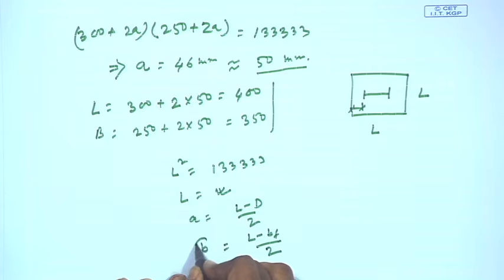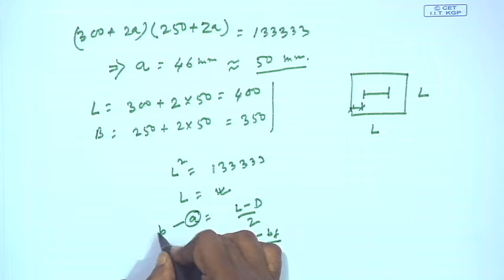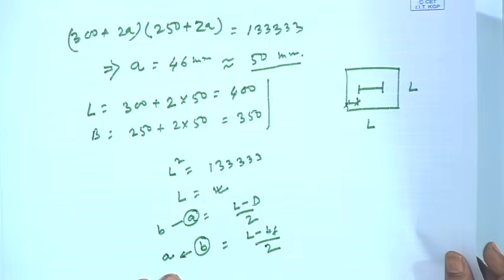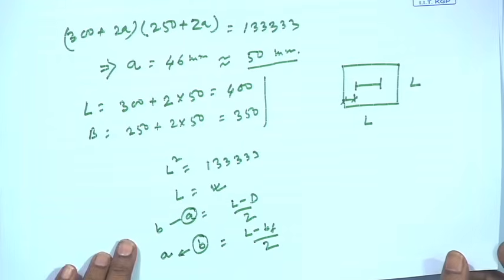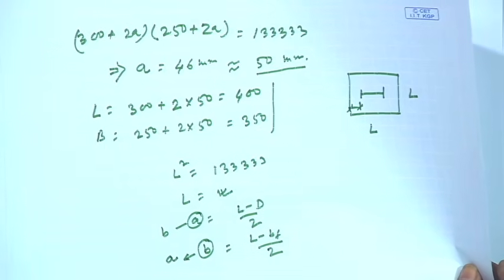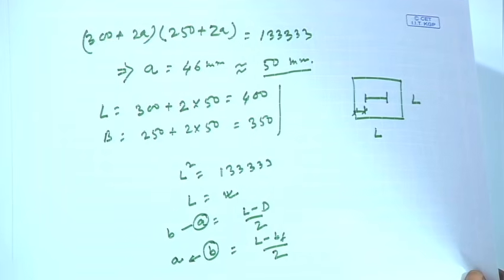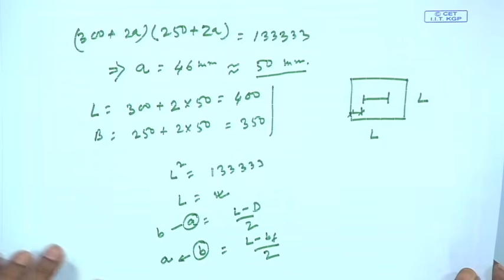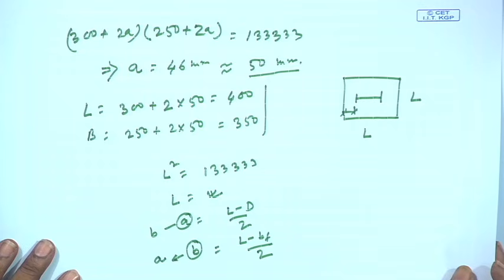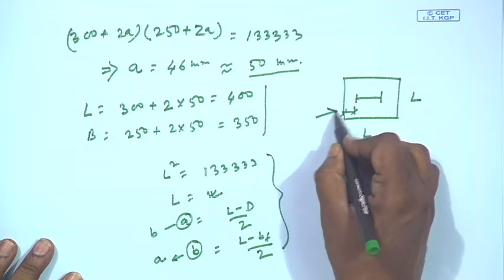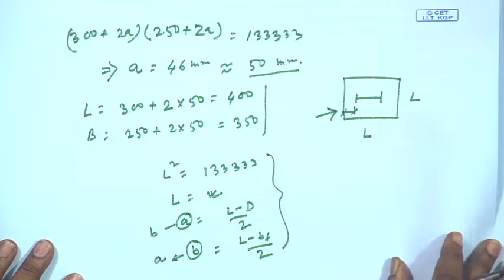If this is bigger, then we consider it as A, and if this is smaller, then we consider it as B. That means the bigger one will be considered projection A and the smaller one will be B, because accordingly the formula has been derived. Here we have considered projection the same, so length and breadth of the base plate are not coming equal, it is coming 400 by 350. As I told, in another way also we can do it by considering length and breadth equal, that means a square base plate, that is also possible.